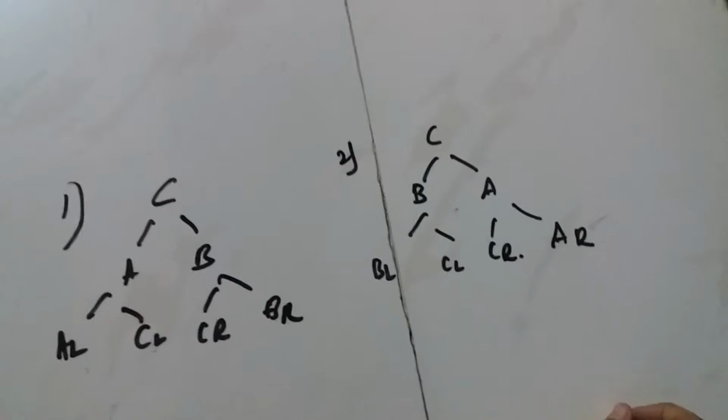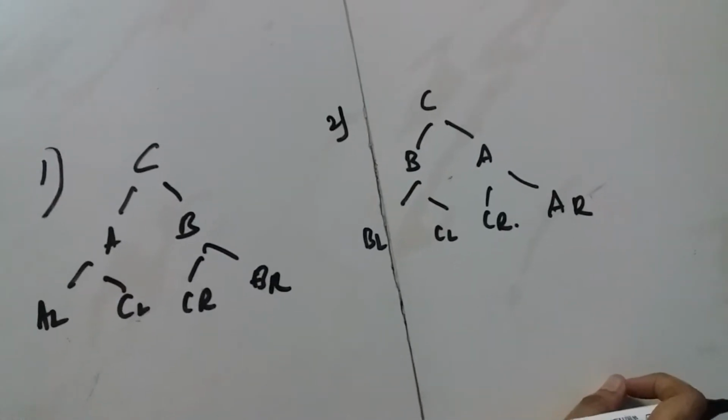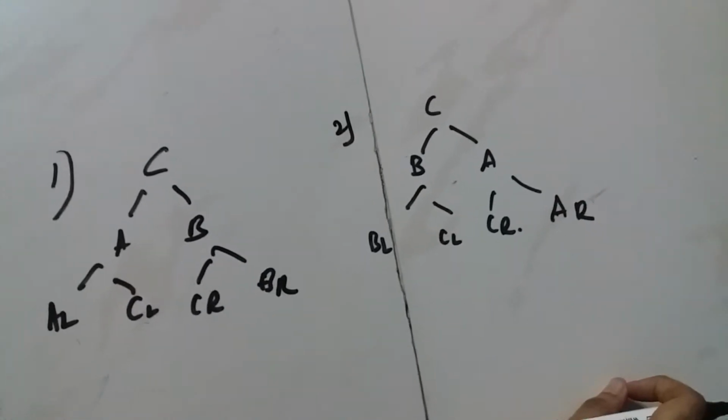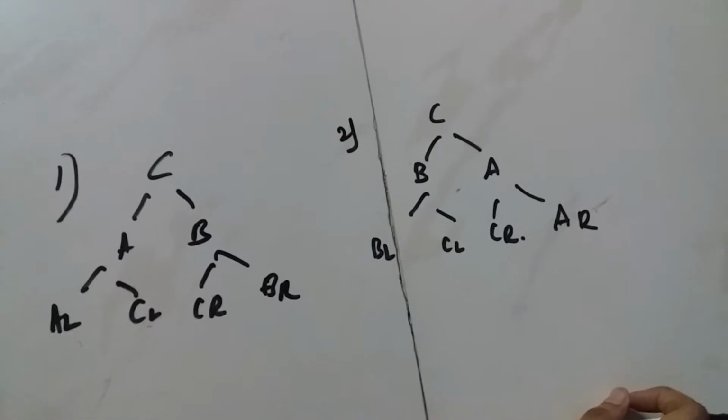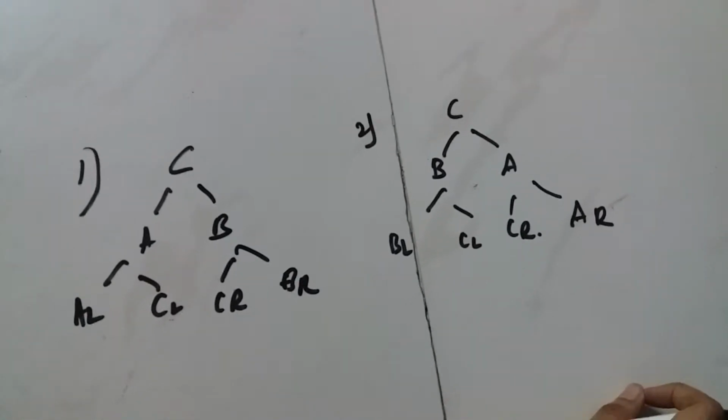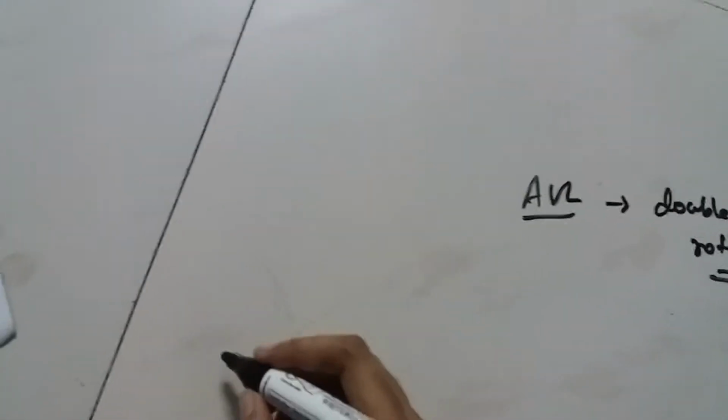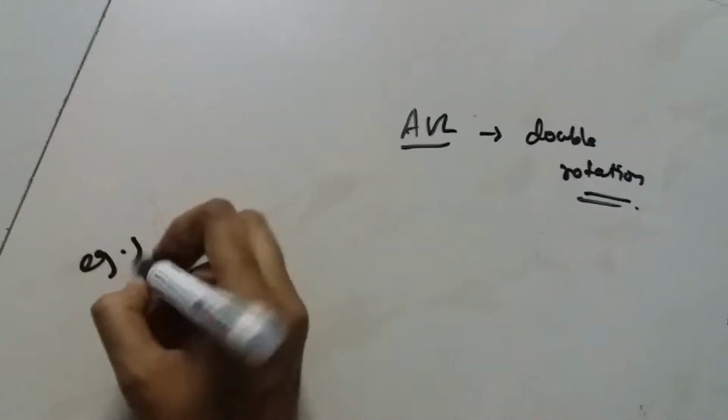These are the two formulas you need to consider to apply the double rotation in the AVL tree. Let us quickly jump on to the example to apply these two formulas, and see how to apply them.